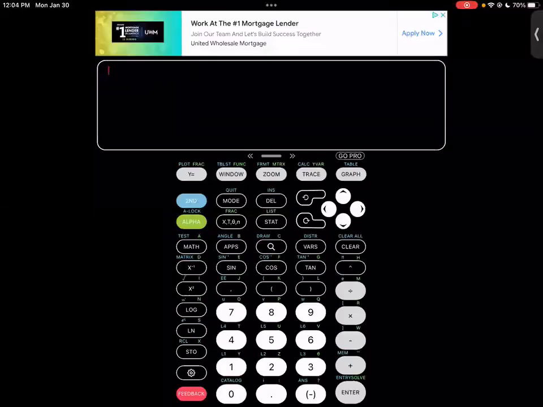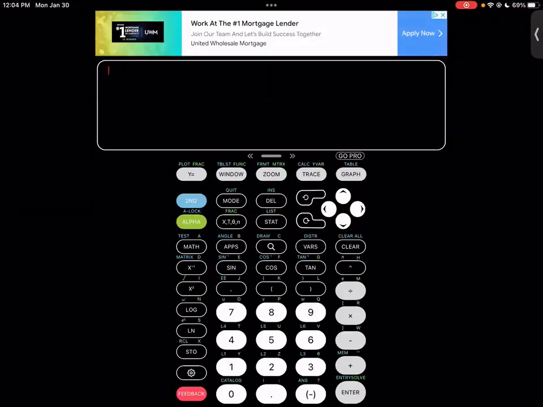I want you to go to Y equals, the very top one on the left right there. Whatever you have there, clear it out. We'll enter a new function.